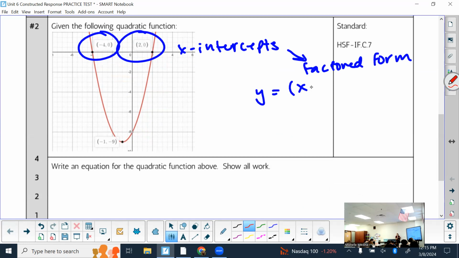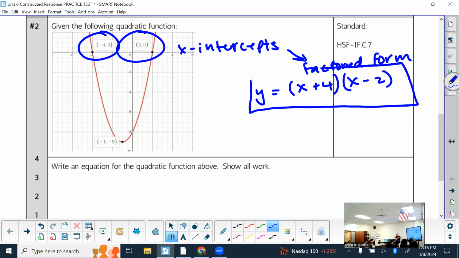Someone else can answer too. Carly? The plus B. Okay, x minus 2. Okay, now everyone take a look at this equation, just like how you could tell me the zeros from those other examples I did.